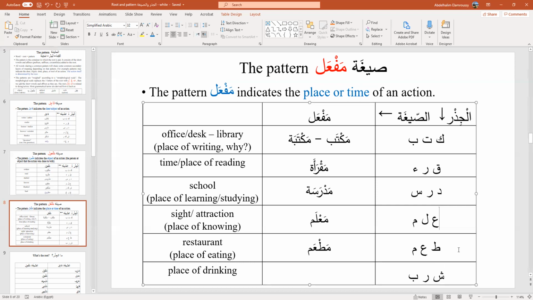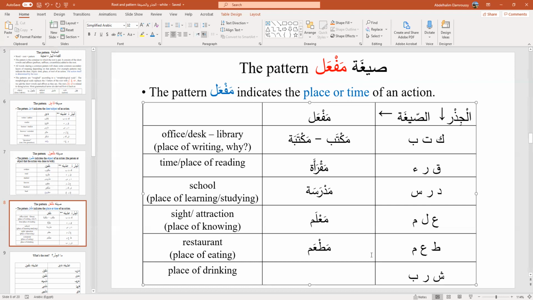And next one, ta, ayn, mim. This root has to do with eating. So if we put it in the pattern maf'al, again, replace the fa with the first letter of the root, which is the ta. Replace the ayn with the second letter of the root, which is ayn still. Replace the lam with the third letter of the root, which is mim.